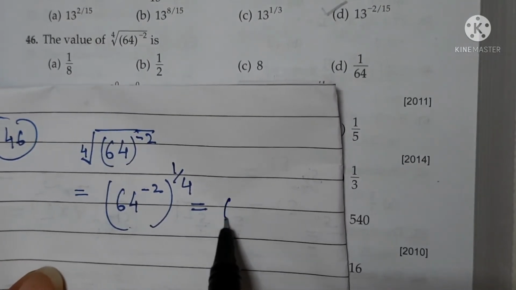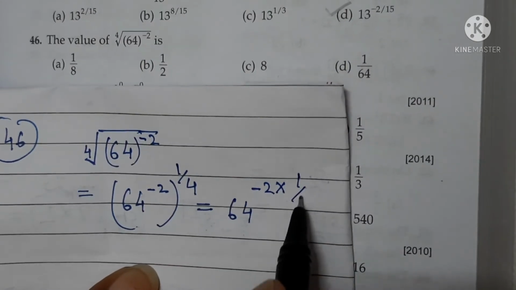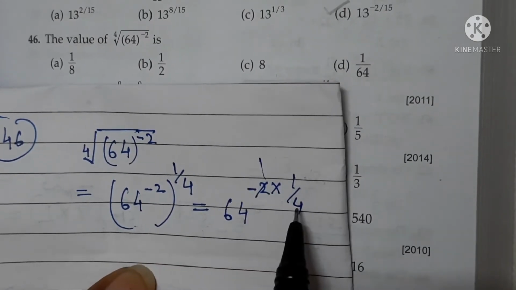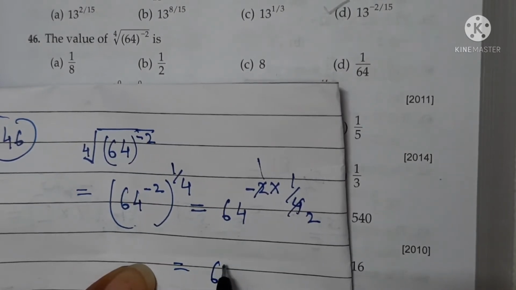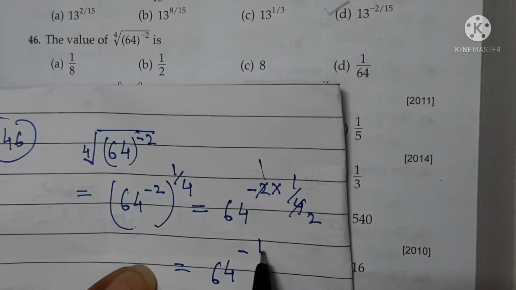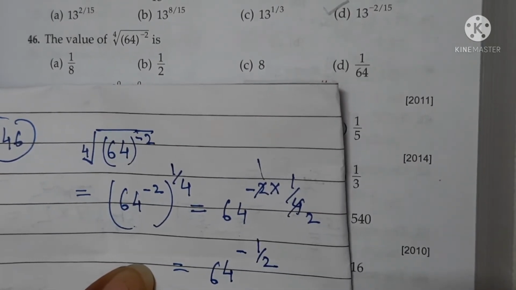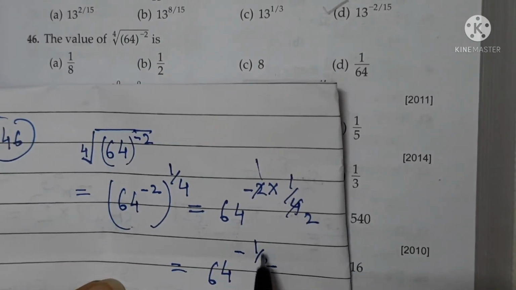So you can write it 64 to the power of minus 2 into 1 upon 4. 2 1s are 2, 2 2s are 4. This becomes 64 to the power of minus 1 upon 2, and this will be the sign of under root.